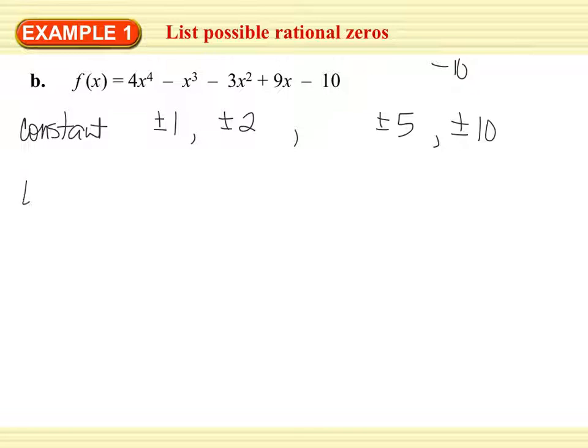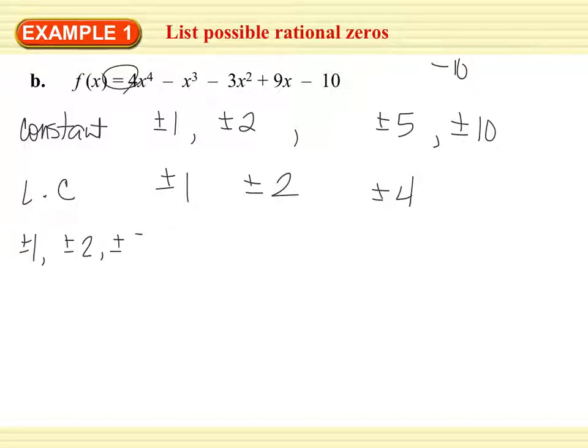And then my leading coefficient is 4, so I've got plus or minus 1, plus or minus 4, and plus or minus 2 in the middle. Now the possible rational zeros is a little harder to list, but I'm going to list plus or minus 1, 2, 5, and 10. I'm going to put that over 1.